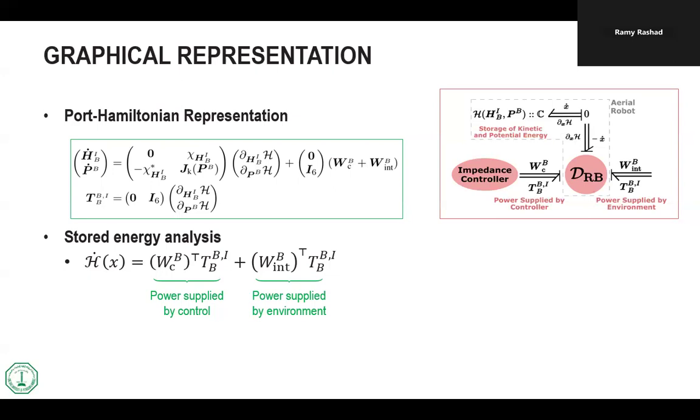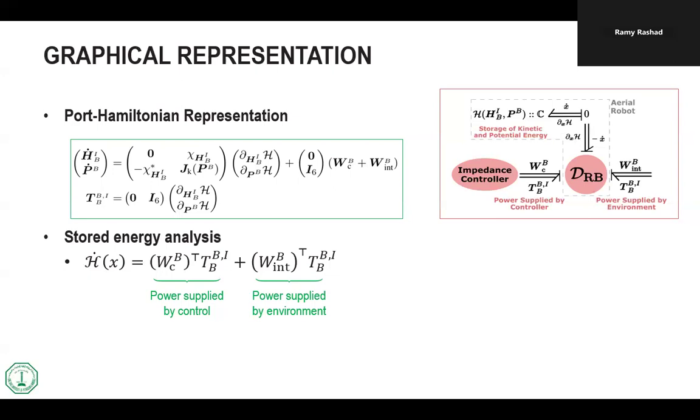And this is the arrow. It means that this is storage of energy, and this zero means I'm flipping the energy. So energy in is equal to energy out, and this is energy out, but just with a minus sign. This is just a small technical detail, not important. But in the end, you see what this DRB is.